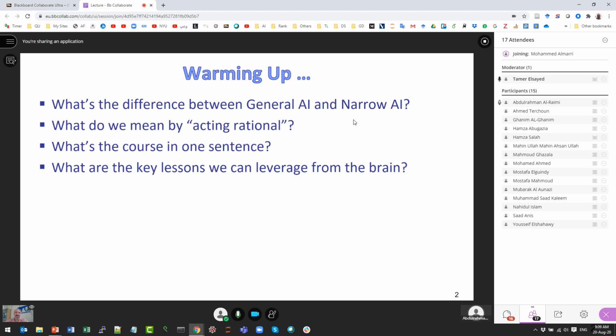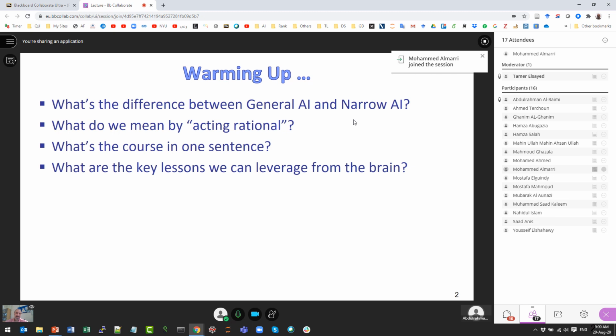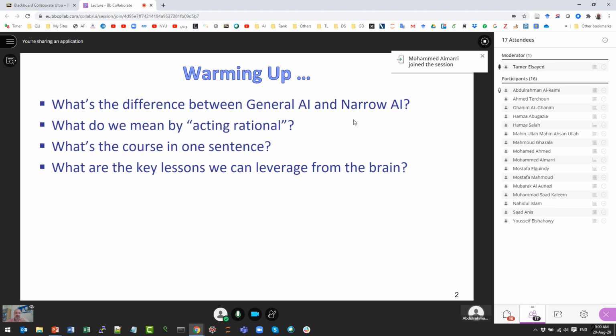Okay, so that's the simulation of decisions. That's the one that we will leverage from the brain: before we make decisions, we try to think about the consequences of the decisions, and we do that by simulation. And of course, in computers, we do simulation by doing computations also. So computations is one. What is the other?